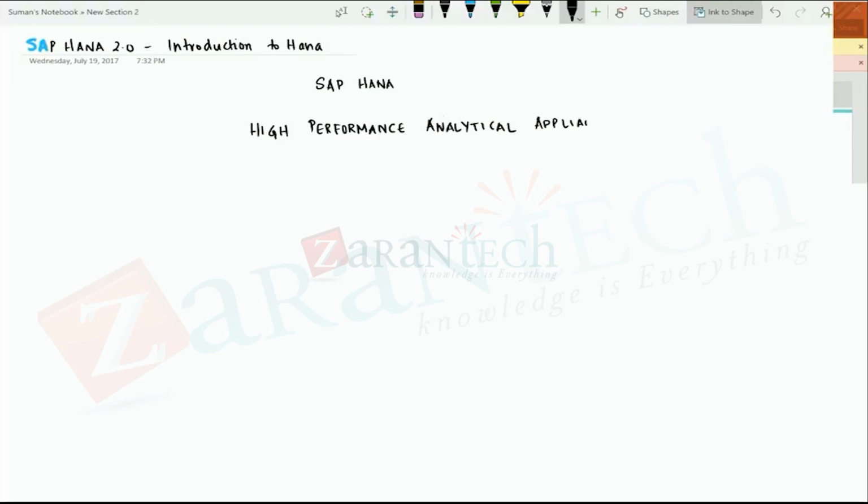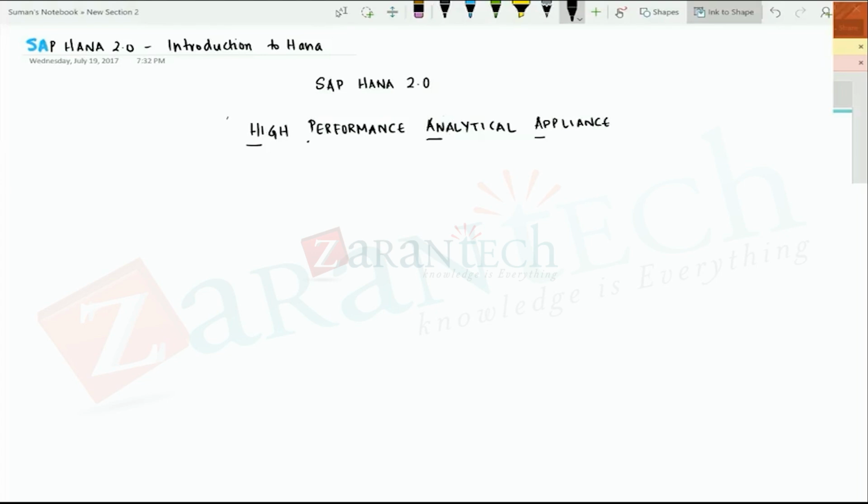So the H is for high, the AN for analytical, and the A for appliance is what is called HANA, SAP HANA. So currently we are looking at a version called 2.0.